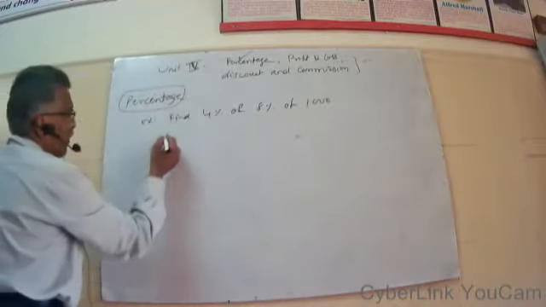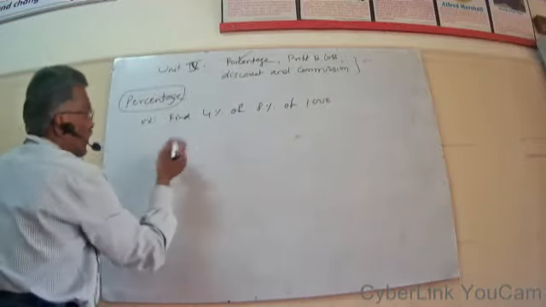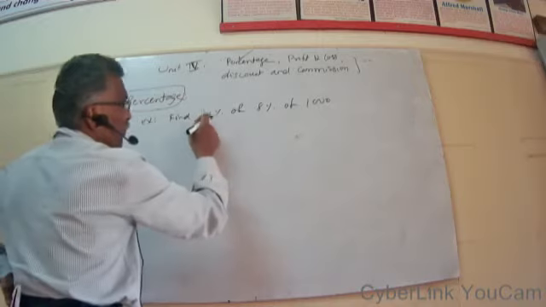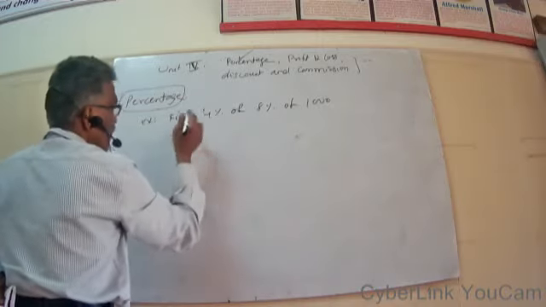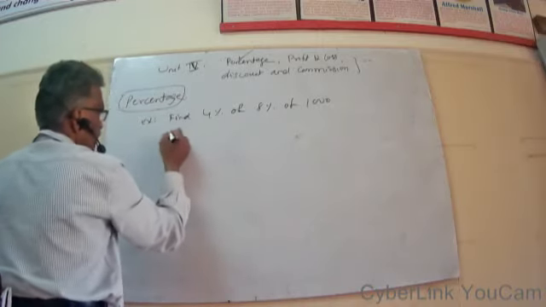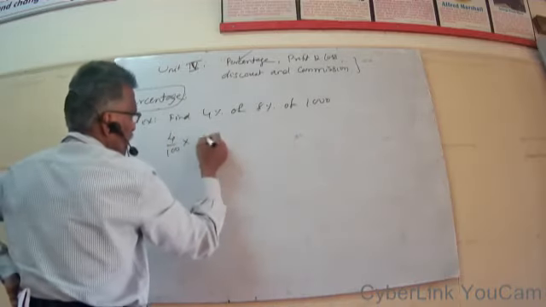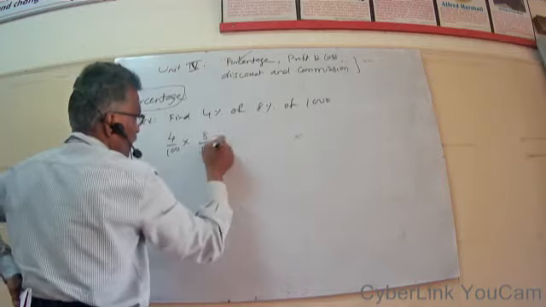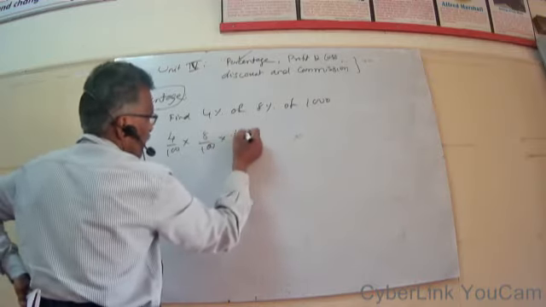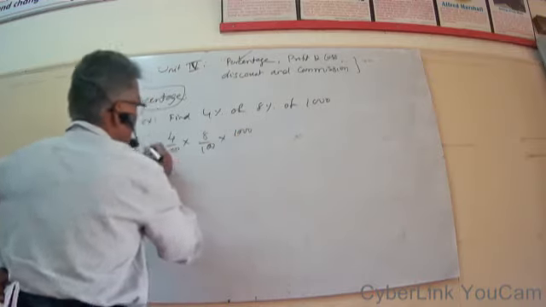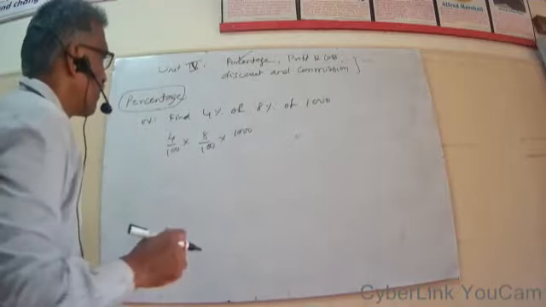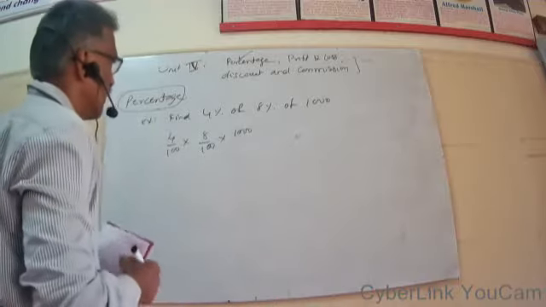So this is equal to 4% of 8% of 1000. 4% means per hundred. So 4 divided by 100 into 8 divided by 100 into 1000. What is the number? Find 4% of 8% of 1000.